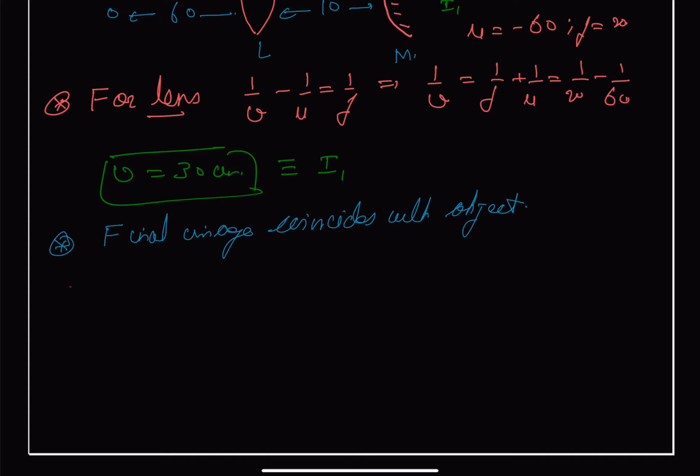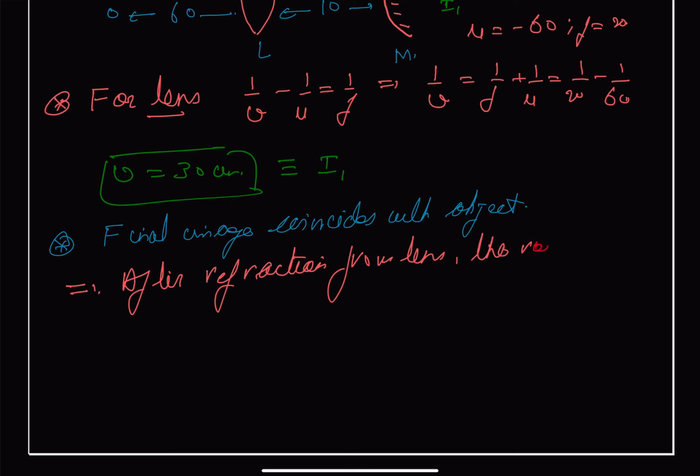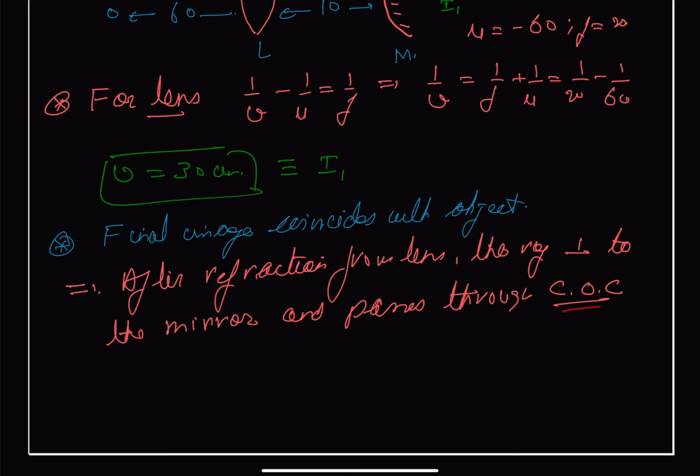Therefore, you can say after refraction from lens, the ray is perpendicular to the mirror and passes through the center of curvature.